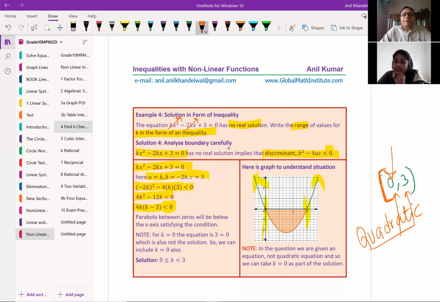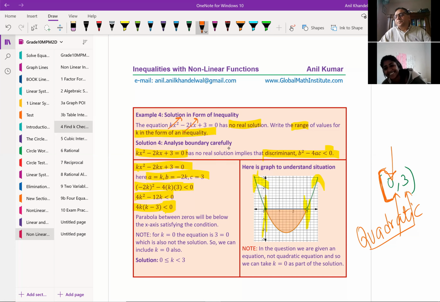You get 0 equals 0, because 3 is a zero. That's a solution, right? So you can't include 3. Oh, that's why it's only less than. Okay. Whoa. That's so cunning.